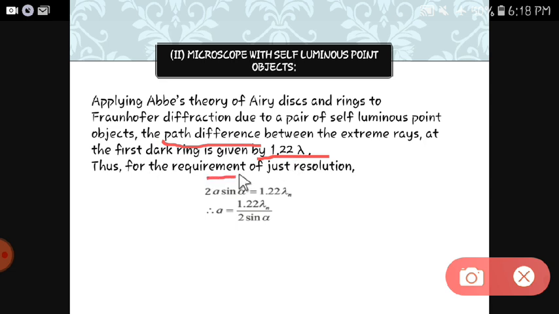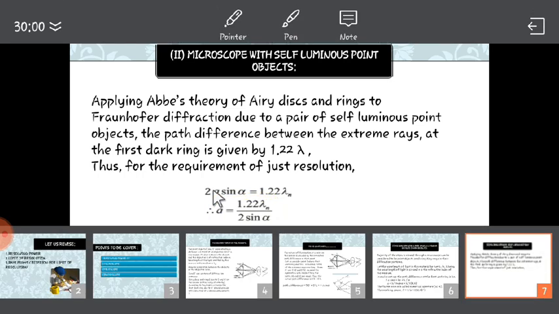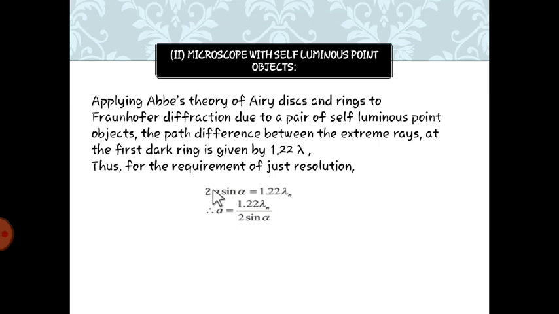Now, for just resolution, the path difference 2a sine alpha should be equal to 1.22 lambda. By rearranging, we get a equal to 1.22 lambda divided by 2 n sine alpha. Okay, so this is all about the microscope.